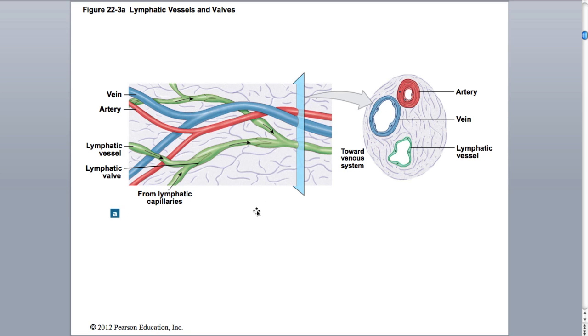Here's a picture of how everything relates, very similar to the previous one. But notice, veins and lymph are very much related to each other. Now in some cases, as shown here, you actually see the one-way valve. So that's your one-way valve making sure everything goes in one direction towards what? And we've said that many times, towards the venous system.